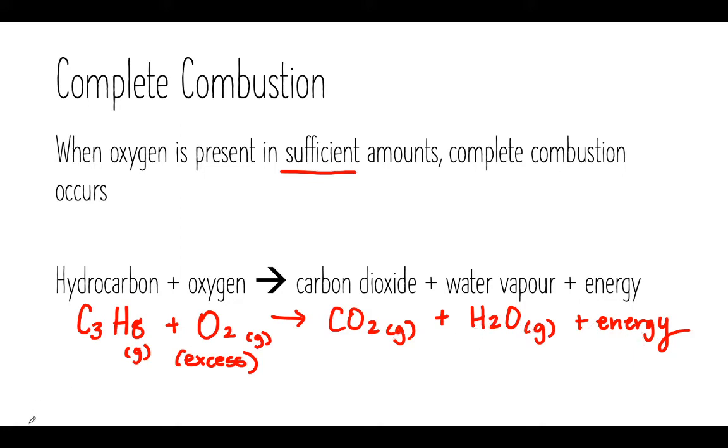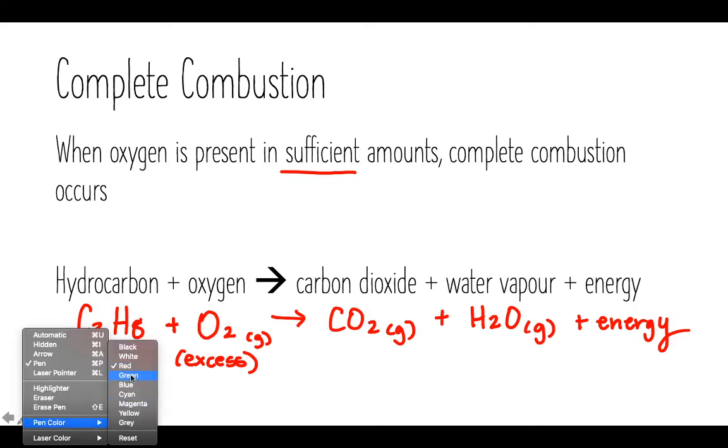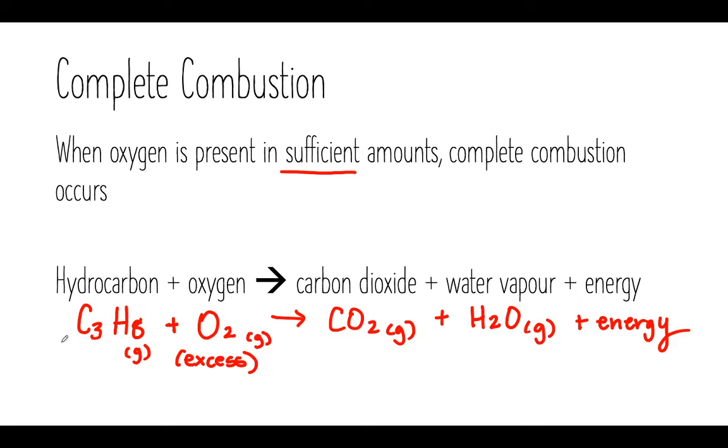Now, let's try and balance this out. So to start off with, I've got 3 carbons on the left side, 1 carbon here. So I'm going to put a 3 right there. 8 hydrogens on the left side, just 2 on the right side. So I'm going to put a 4 here.